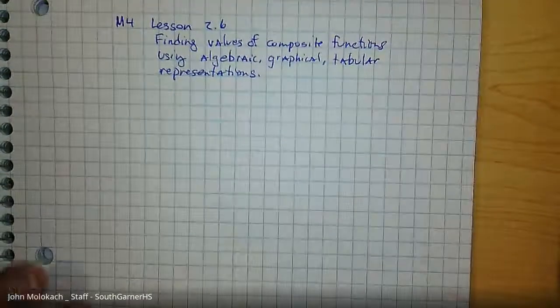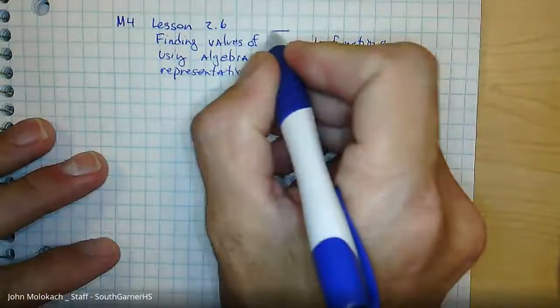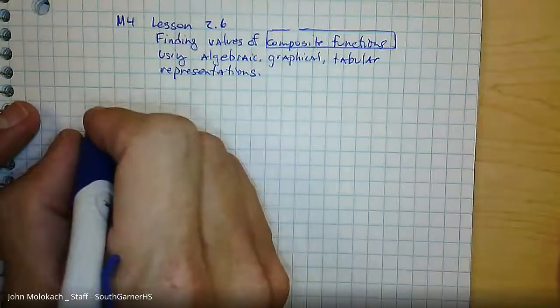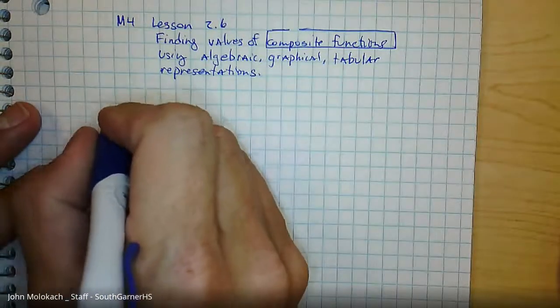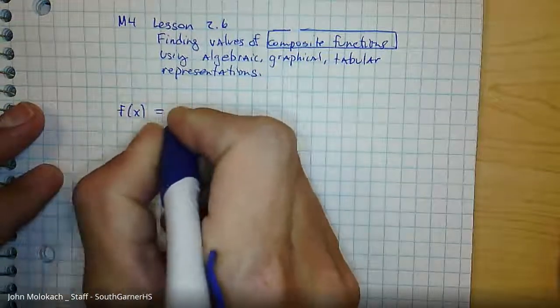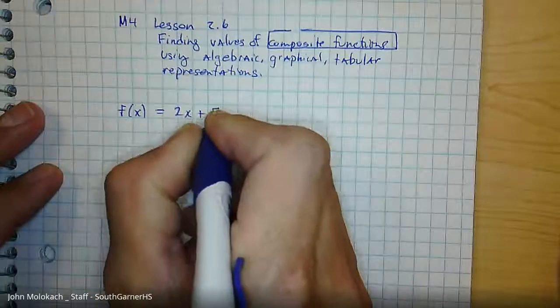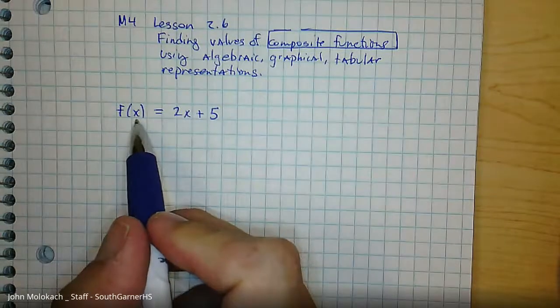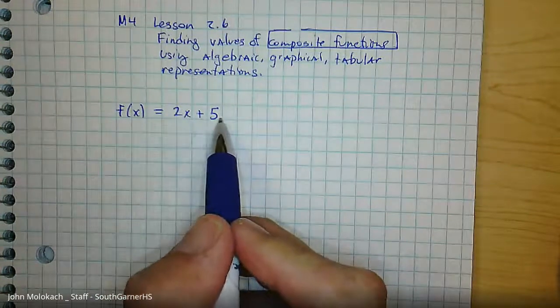a composite function. So let's talk about what is a composite function. Remember how in the first video I started talking in a little bit of weird language. I would say f is composed of x, and f composed of x is 2x plus 5.